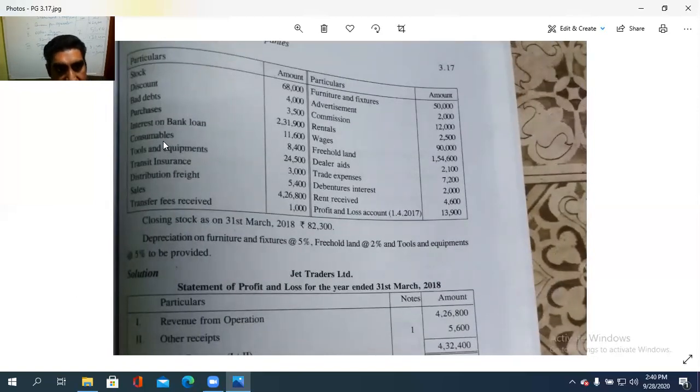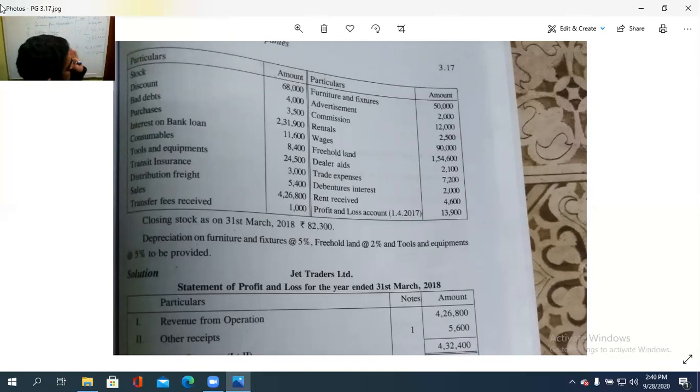Discount, bad debts, purchases, interest on bank loan, consumable, tools and equipment, transit insurance, distribution freight, then transfer fee received, that is already taken, furniture and fixtures, advertisement, commission, rentals, wages. See, employee benefit, what is that? One is wages, isn't it? So employee benefit expenses, that is the fourth note. That note needs to be prepared separately in this form.